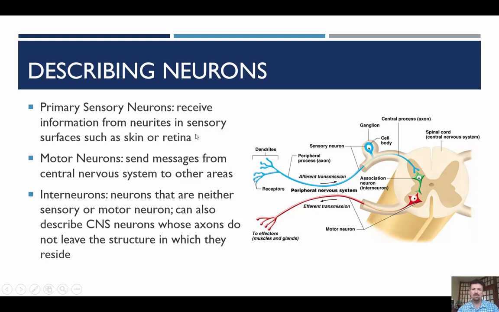Now, let me just briefly remind you that cells can be sensory, bringing information to the central nervous system, or motor, taking information away from the central nervous system, and I've told you things before. But neurons that are neither sensory nor motor but exist entirely in the central nervous system, especially the spinal cord, we call interneurons. And so in this diagram here, you have an interneuron between the sensory and the motor cell.